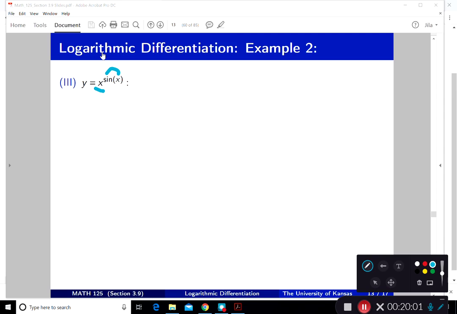And neither of them are constant. So what I do is I take the natural log to make the function on the right side in the format that I actually can take the derivative of, and that is sine of x times ln of x.